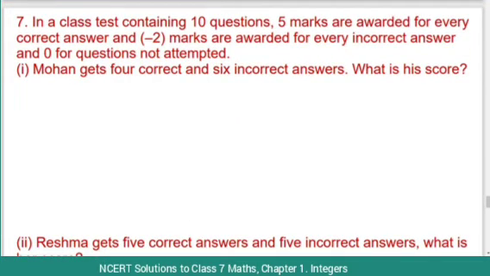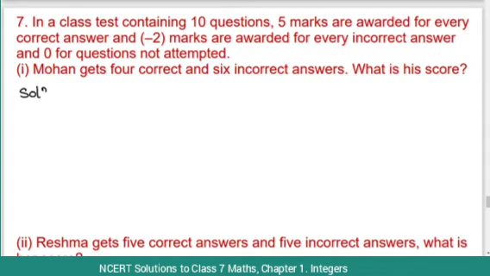7th question. In a class test containing 10 questions, 5 marks are awarded for every correct answer and minus 2 marks for every incorrect answer and 0 for questions not attempted. First one, Mohan gets 4 correct and 6 incorrect answers. What is his score?